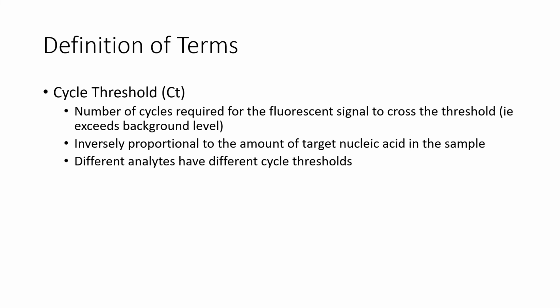The cycle threshold value is the actual number of cycles it takes for the PCR test to detect the virus. It indicates an estimate of how much virus was likely in the sample to start with. It's not the actual amount.